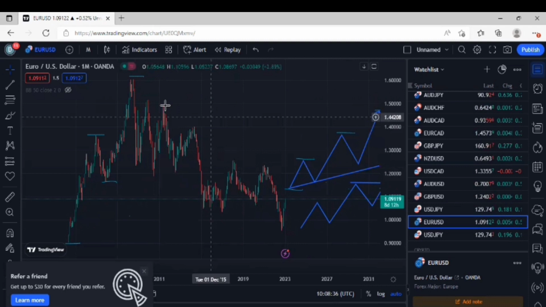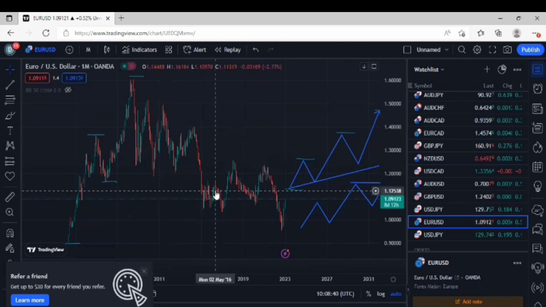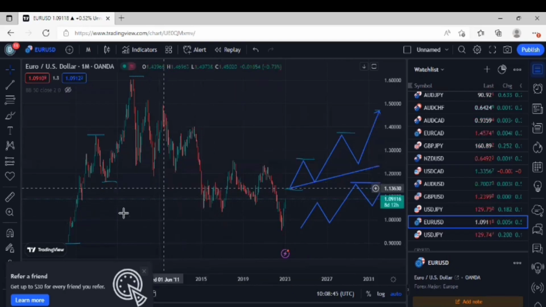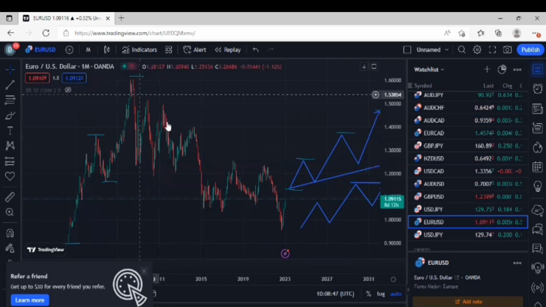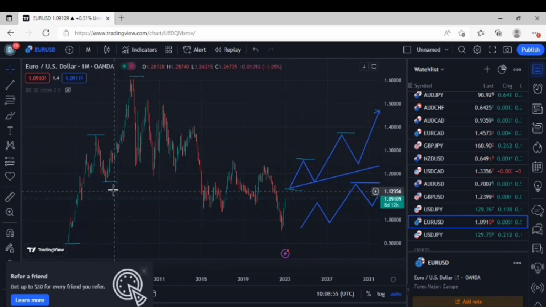So that is how to use market structure. And for the other one, this is for downtrend. We have the uptrend there, we have the downtrend there. So when you have a market printing higher highs, higher lows, higher highs, you have an uptrend.